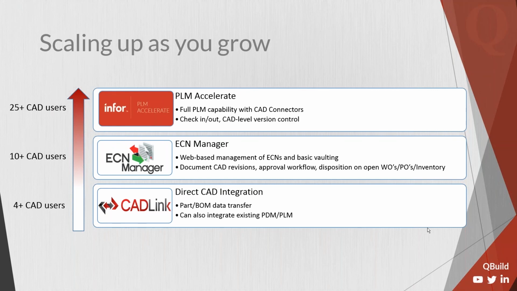And then lastly, when you get up to the 25 CAD user and beyond mark, Infor offers a great PLM that is fully integratable to CSI, and it makes sense to head towards there. So all of these things, there's a very clear path from CADLink as you scale and as your company grows to that 25+ CAD user mark.